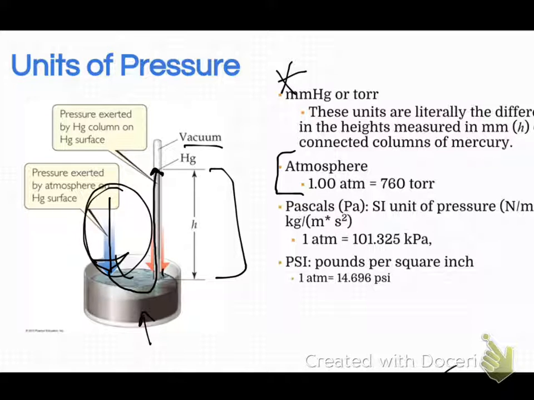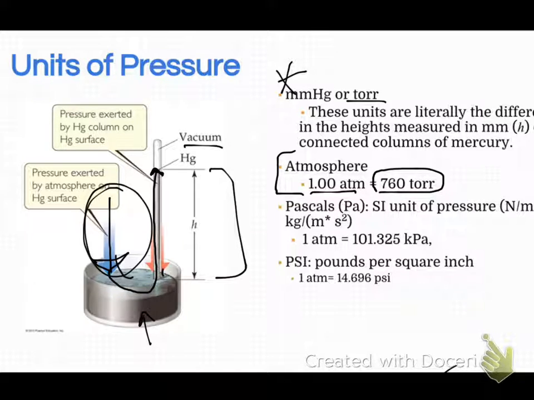So we call that millimeters of mercury. And it turns out, also torr, by the way. You should know that those two are synonyms. It turns out that later on we developed an atmosphere because it was a little bit of an easier number to imagine, and we said that the standard pressure at sea level happens to be about 760 torr most of the time, so 760 millimeters of mercury.